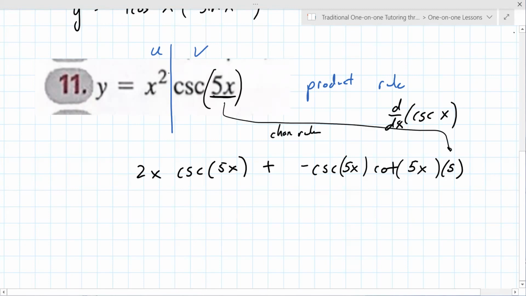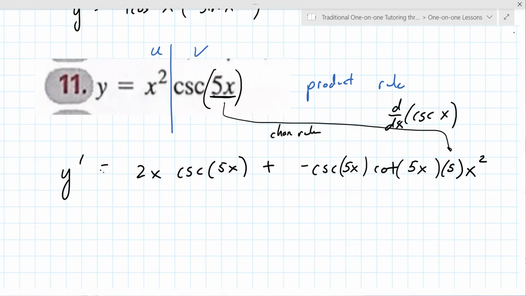And then you have to make sure you don't forget to keep that x squared. Right. So it's 2x. Okay, well, go ahead. Would you not like the plus minus? Wouldn't you just change that to a minus?